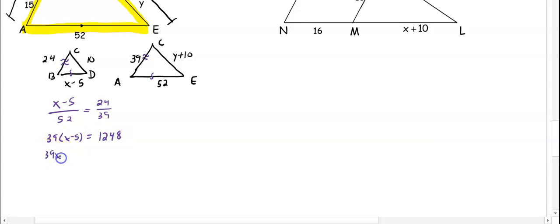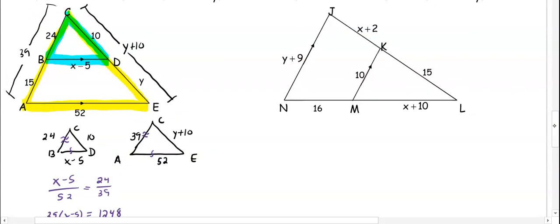So we get 39x minus 195 is equal to 1,248. We can add 195 to both sides, so 39x equals 1,443. When we divide, x is 37.